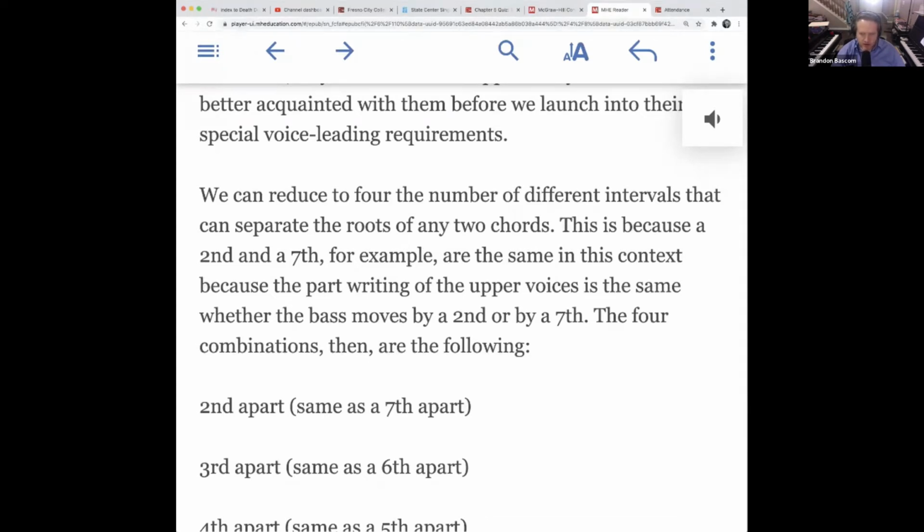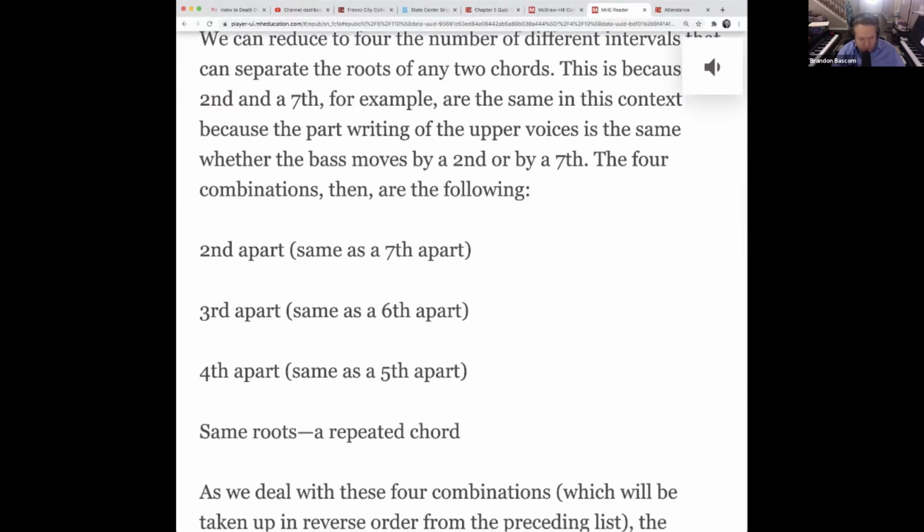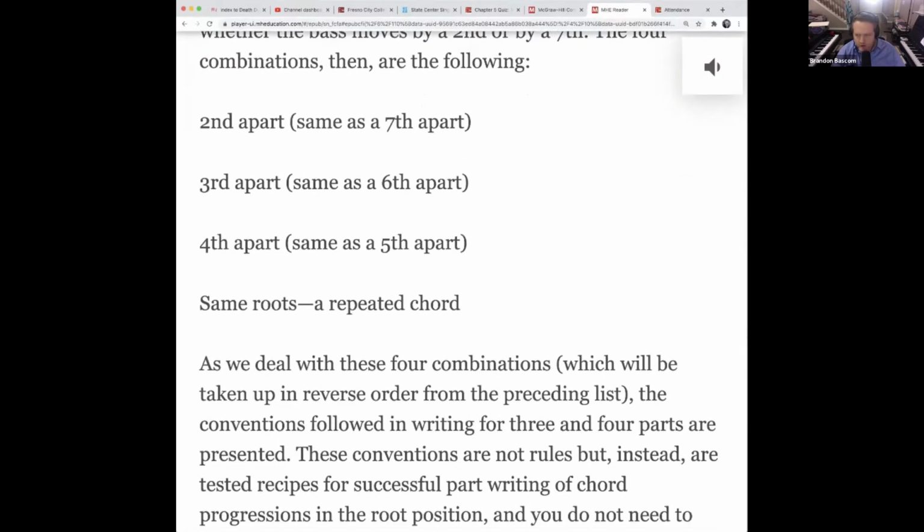The 4 combinations are a second apart, which is the same as a seventh apart, a third apart, which is the same as a sixth apart, a fourth apart, which is the same as a fifth apart, or same roots, a repeated chord. Did that make any sense to anybody?